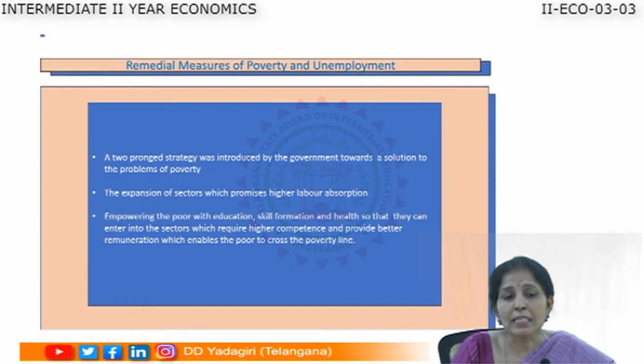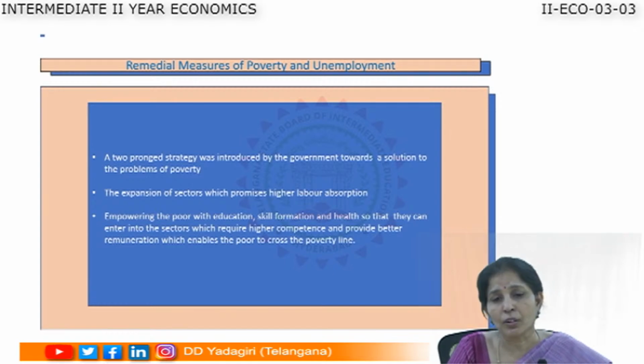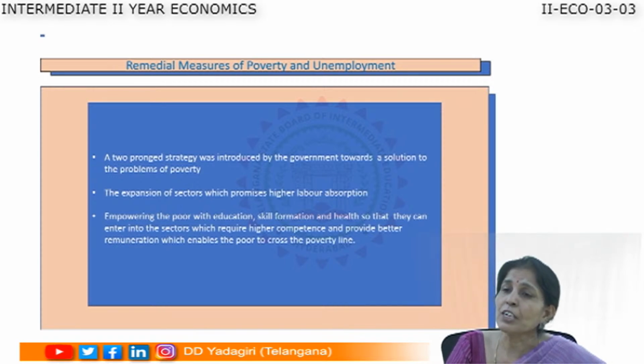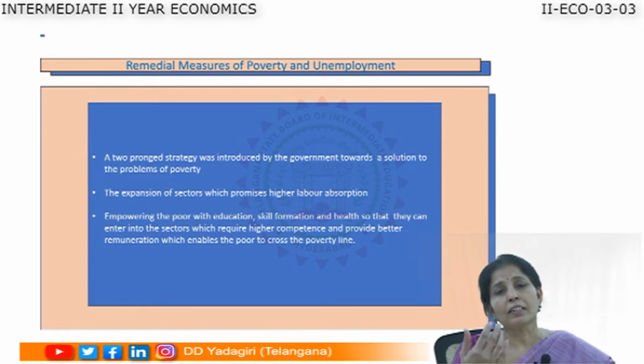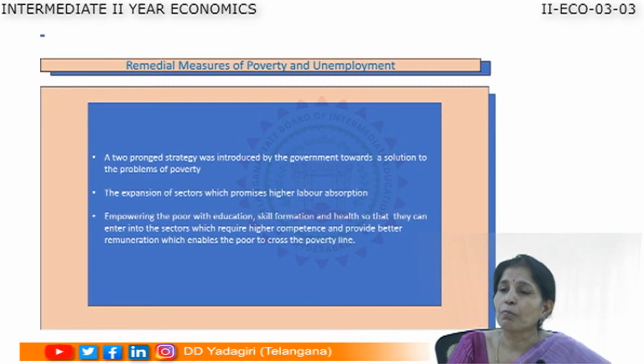So we try to empower the skills of the people so that they will get employment in the sector where they are getting more incomes and more remuneration.